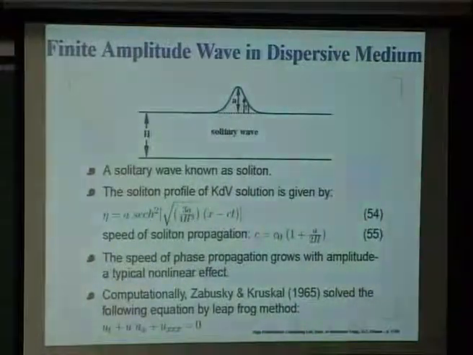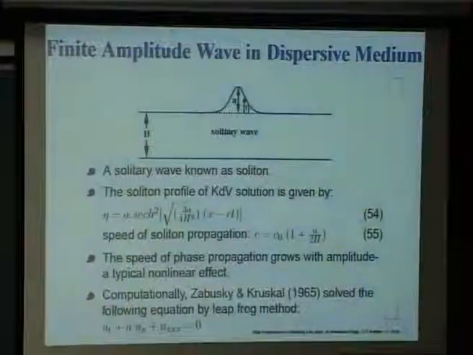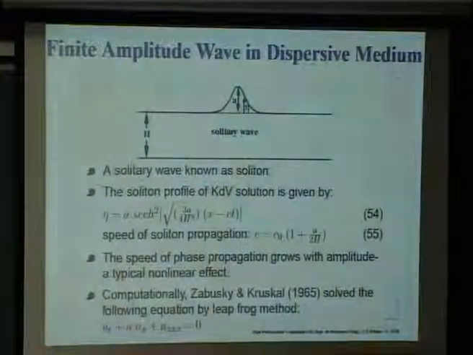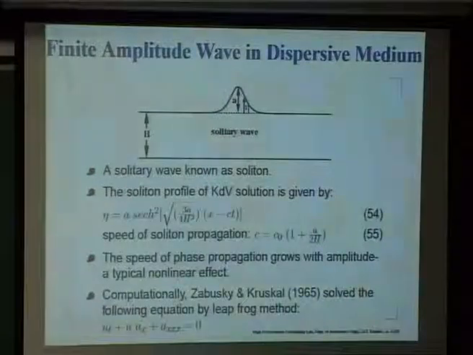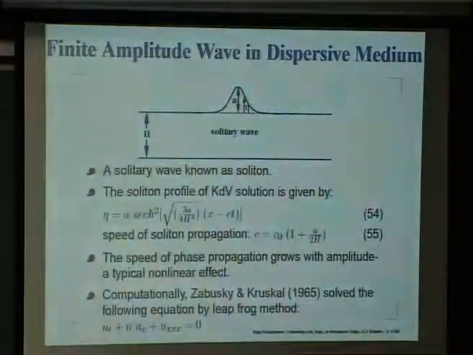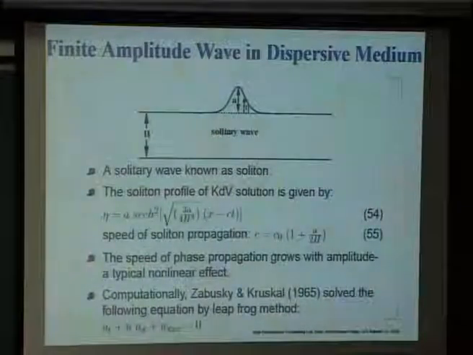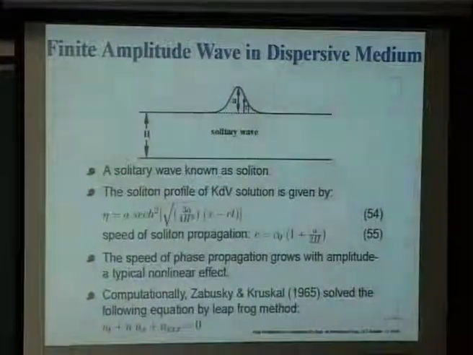However, the speed of this soliton is a function of amplitude. Okay. So, the usual surface gravity waves that we have studied so far corresponded to low amplitude phenomena, but here specifically the finite amplitude comes into play in defining the wave property, and you can see that the speed of propagation of this crest is a linear function of A.